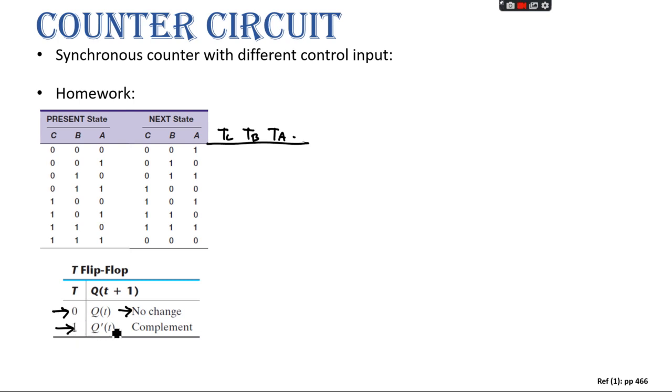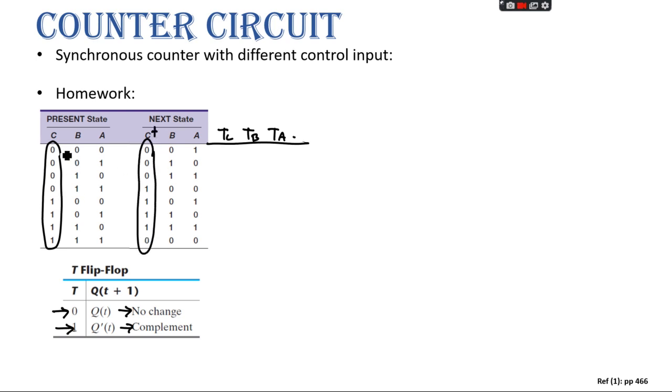Whenever you give 1, the output will be the complement of the previous state, right? Yes, sir. So for T flip-flop, we need to compare the present state and the next state, right? We don't have the luxury like when we have the D flip-flop, right? Yes, sir. So whenever you need to compare, I am just doing it for one case.